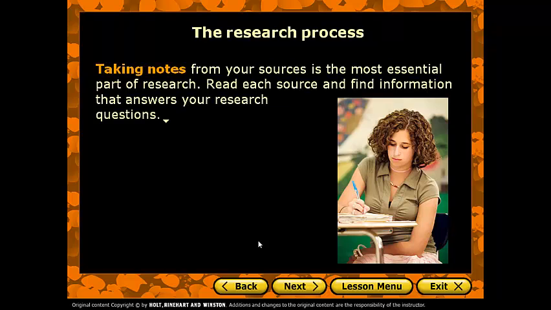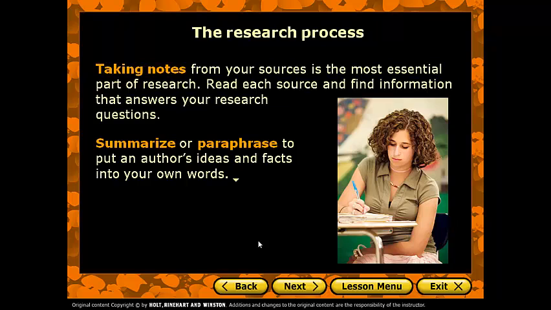Note-taking from your sources is the most essential part of research. You're going to read each source and find the information that answers your research questions. And as you take the information down, you're going to summarize and paraphrase the author's ideas and facts and put them in your own words. Now, these are two different strategies.